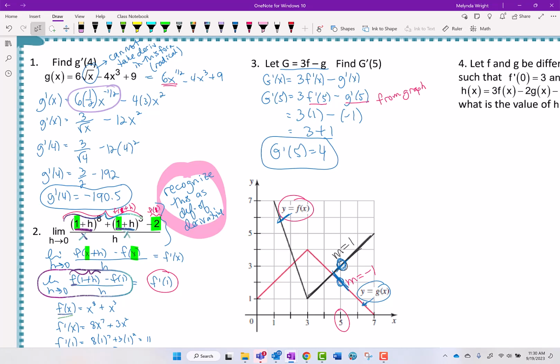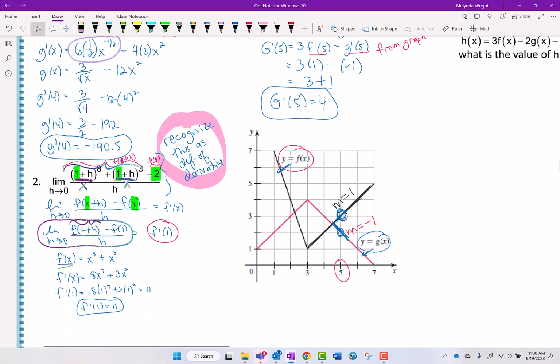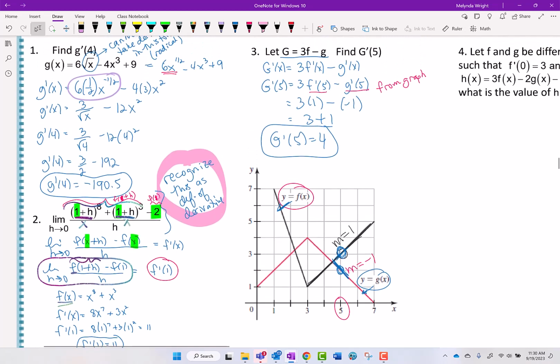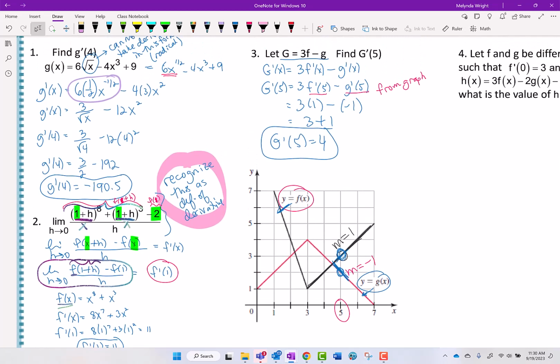In the second one, we looked at how we could utilize the power rule when we're faced with the definition of the derivative. In the third one, we looked at how we can use a derivative rule when we have a graph to get values off of. So we're doing a variety of different ways of using it so you can see how it's used. Are we okay? All right, number 4.